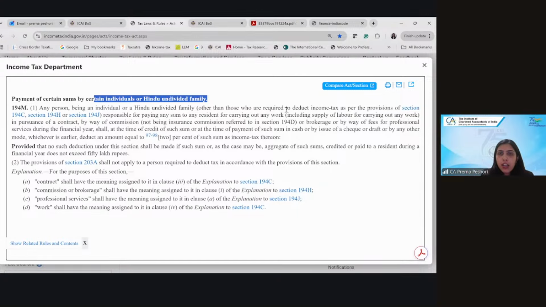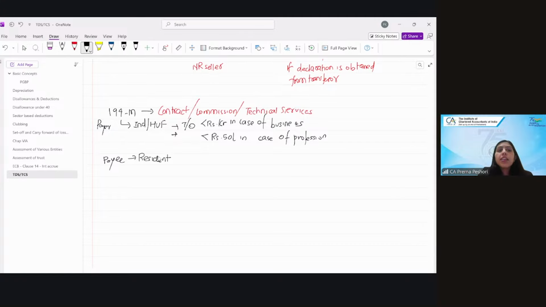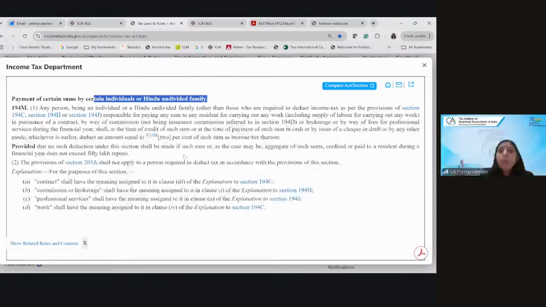In those cases, if I am paying to a resident, so this is my payer, my payee is resident. Then in these cases, so basically the payer is not covered by 194J, 194C or 194H, and he is making the payment for any work or commission, which is not insurance commission or brokerage, or by way of fees for professional services during the financial year.